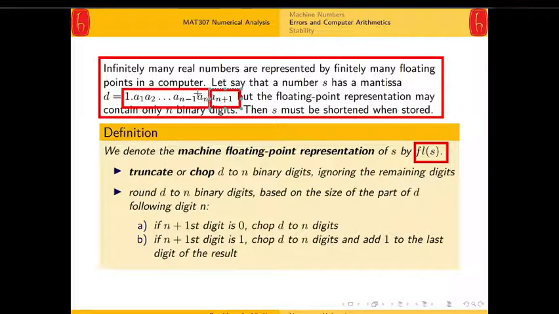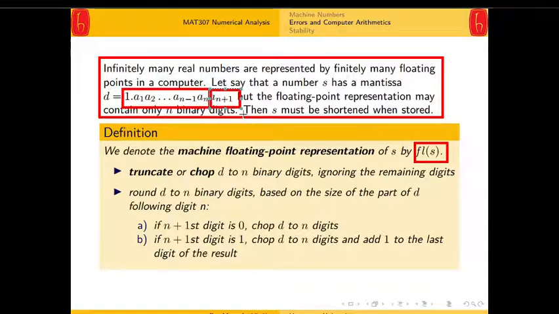So to the nth position, based on the size of the digit following n. So based off the size of this number, a_{n+1}. If the n plus first digit is 0, then chop d to n digits.